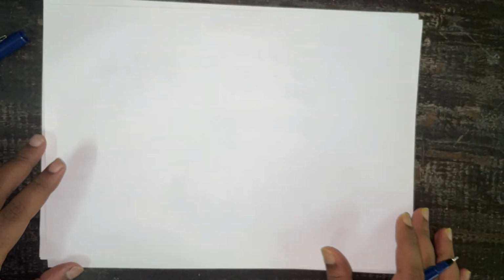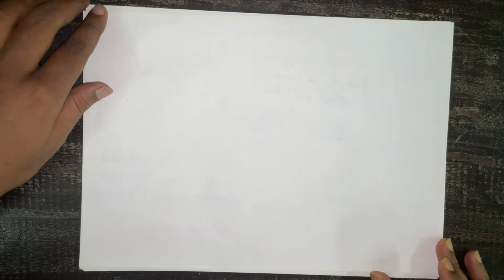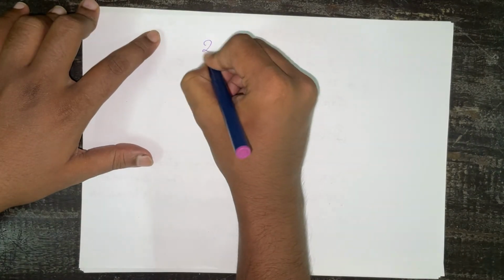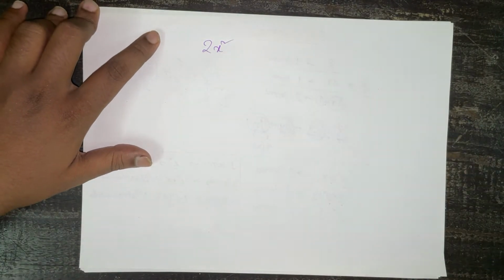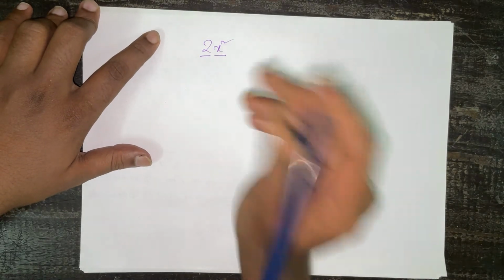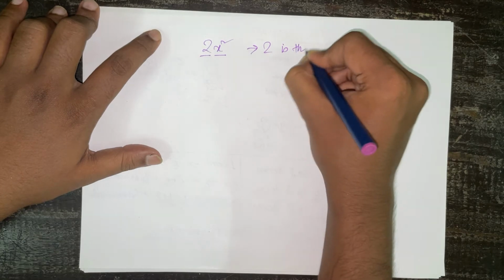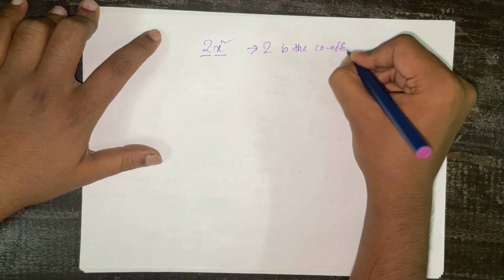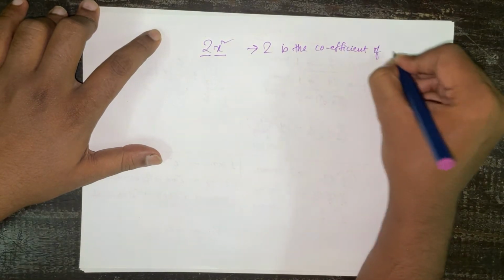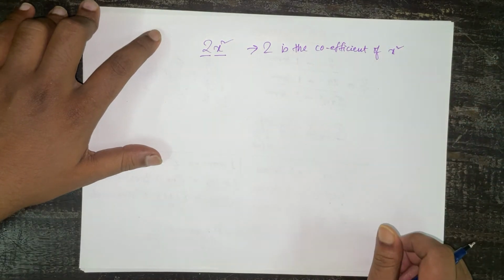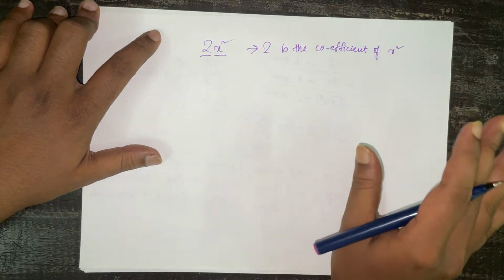Now what are coefficients? So the coefficient of a term. Suppose I write 2x square. Here the variable is x and 2 is the constant number. So here 2 is the coefficient of x square. Okay, that is how we define coefficients.